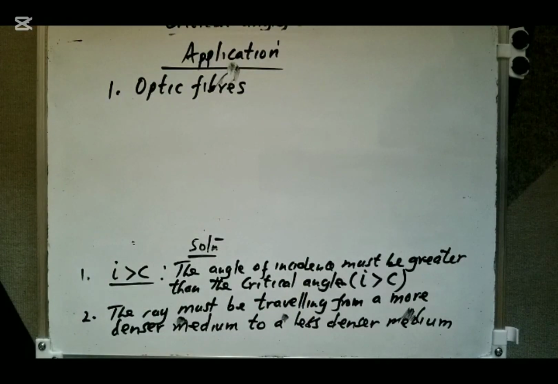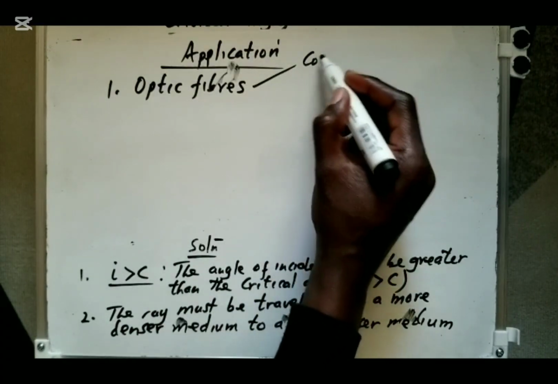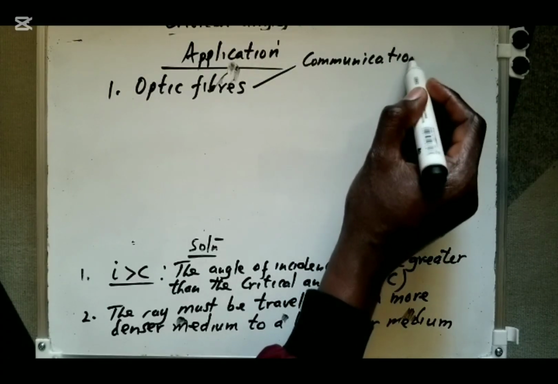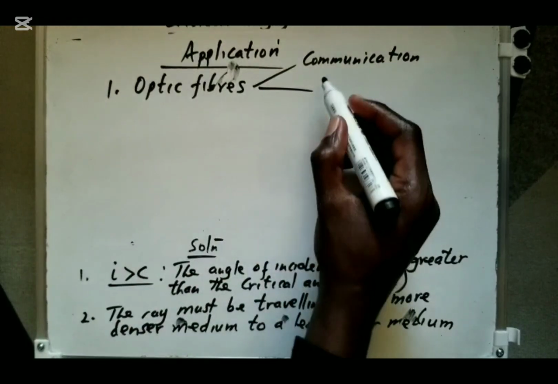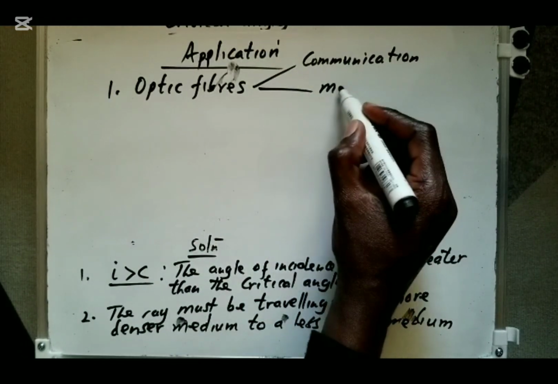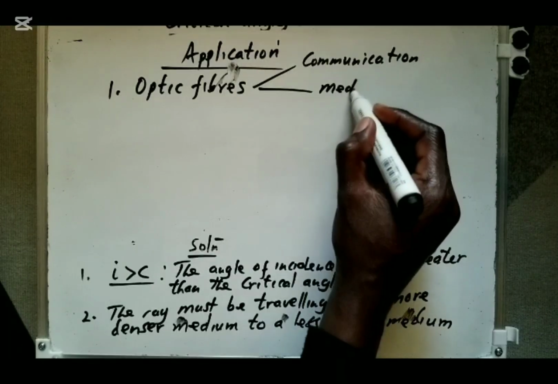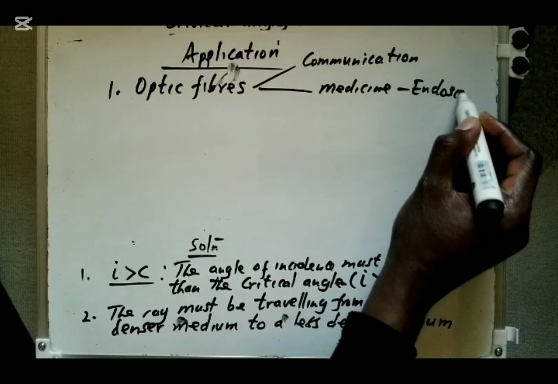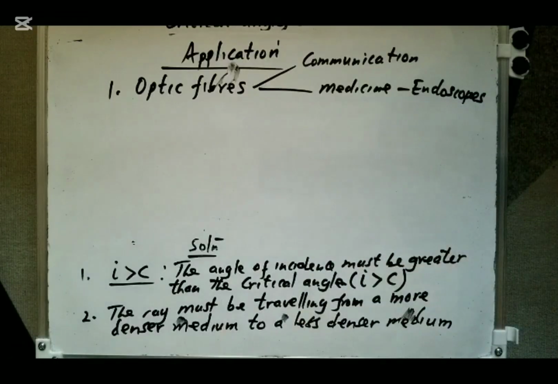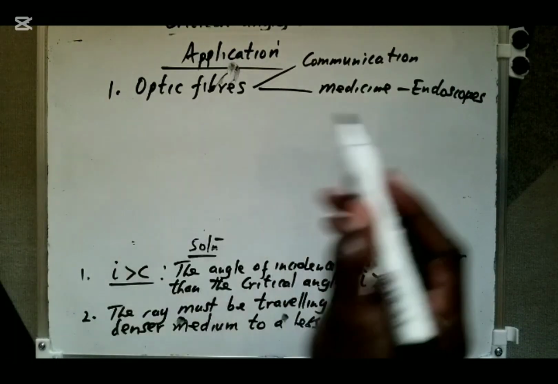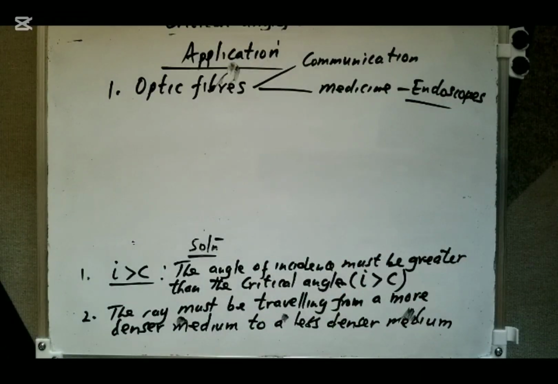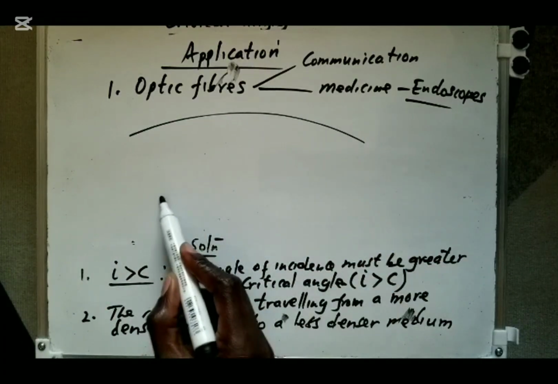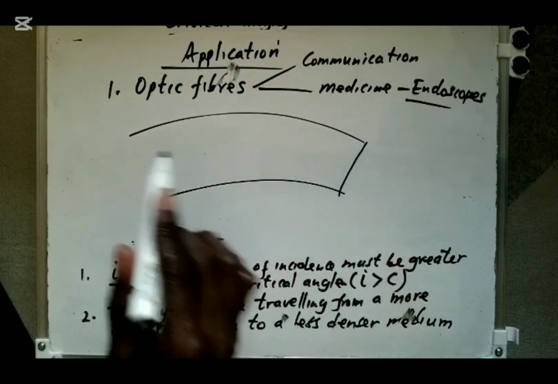Optic fibers can be used in telecommunication because they transmit information at a very high speed, with no interference. Then you can also use them in medicine. In medicine, optical fibers are used as endoscopes. So doctors use them to check internal organs, or when they are carrying out operations. In this case, if you have, for example, an optic fiber of this nature, this is a fiber.